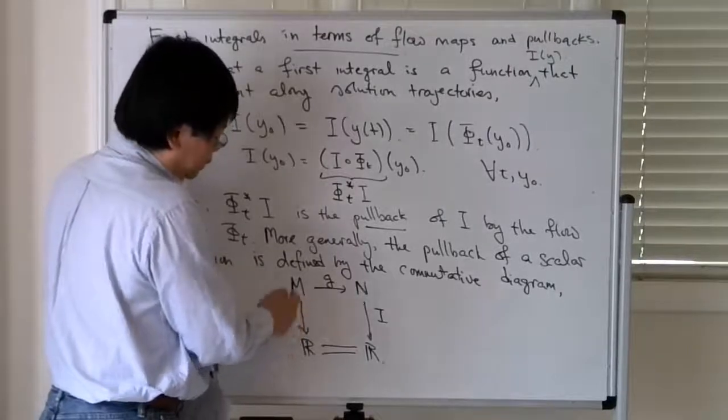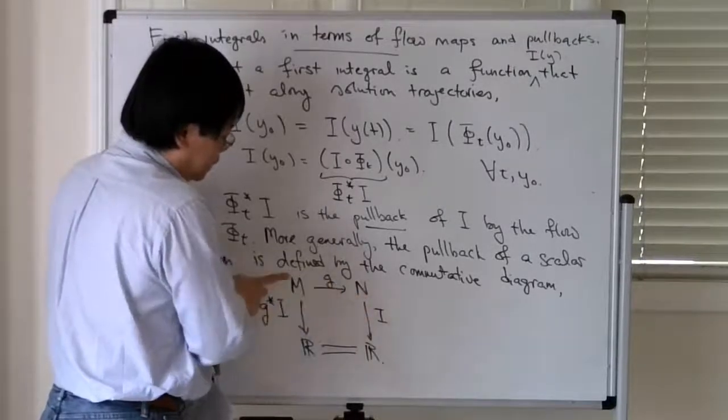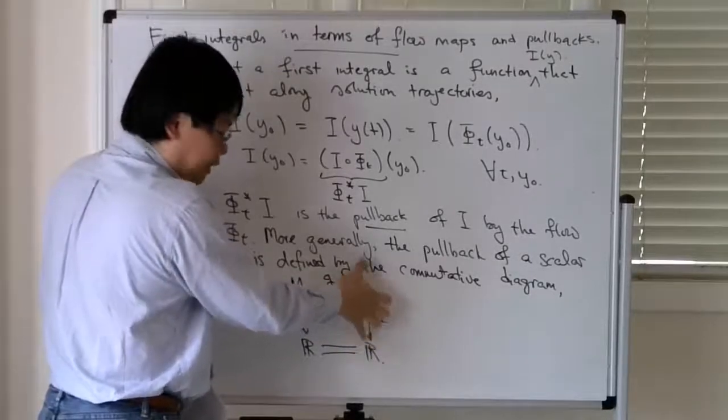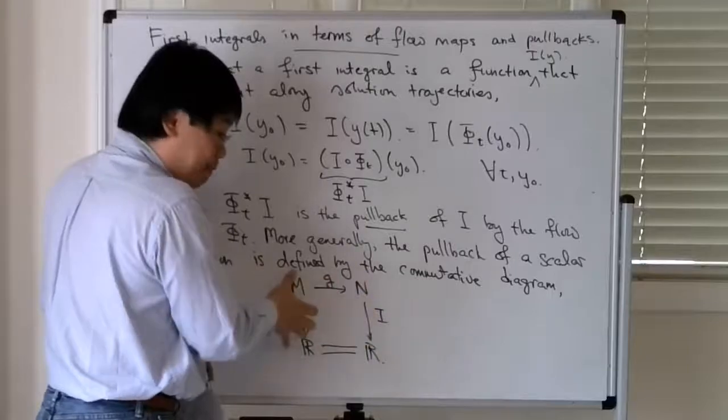Okay, so it's called a pullback because the direction of the map is from M to N, and you're pulling a scalar valued function on N back to M.